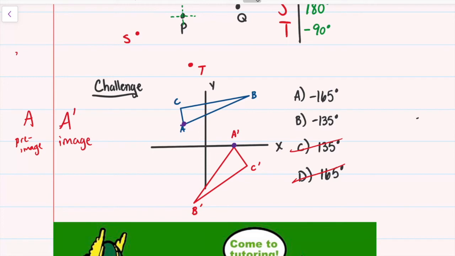Well, let's think about it this way. We know it's going to go 90 degrees, right? This thing is going to traverse this much, and then 90 more. So we can agree on that. Now, look at this angle. All of this is 90, but is point A all the way down here to talk about 90 completely?